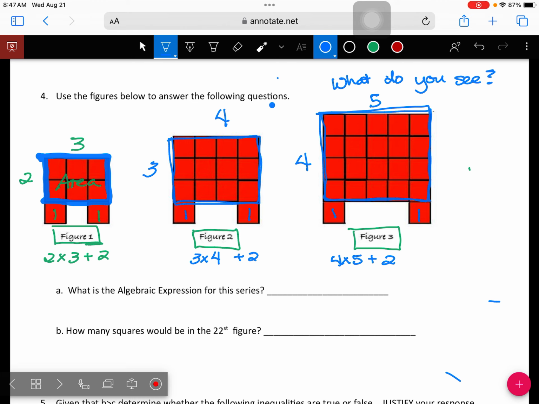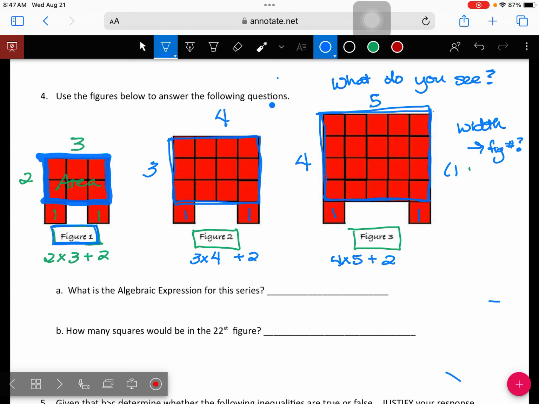So what do you notice? How does this relate to the figure number? What is the width? How does the width of your rectangle relate to your figure number? It's always one number higher, right?